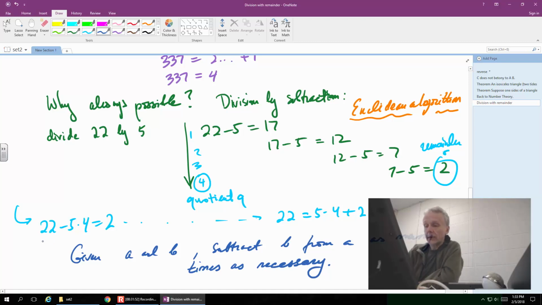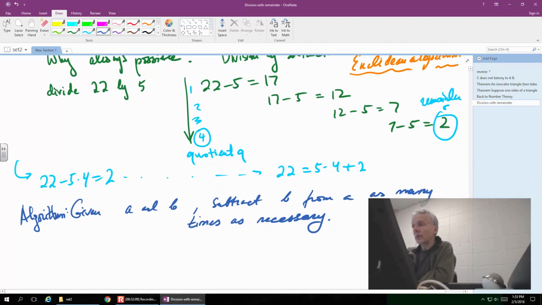Okay, so that's the plan, the algorithm. Now we just have to write it up in such a way that there would be no doubt that it works out. The process is described here on the right.